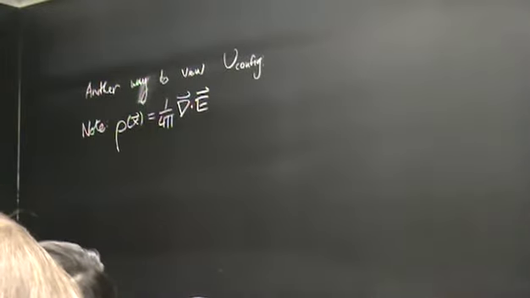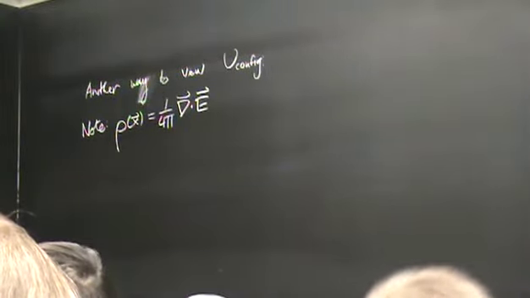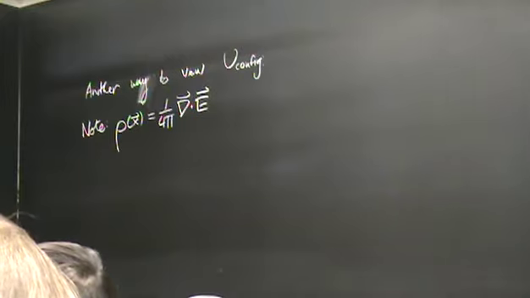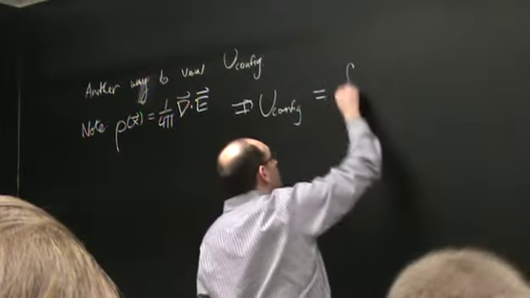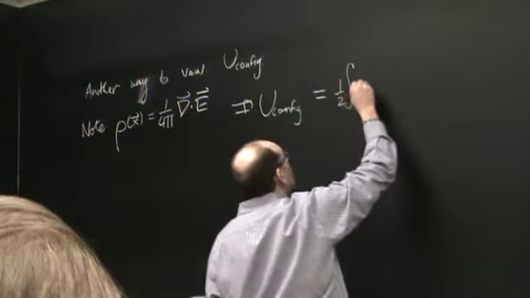So whatever the local divergence of the electric field is tells me what the local charge density is. So I can re-express my potential energy of the configuration in terms of just the field and the potential itself, rather than the charge distribution.